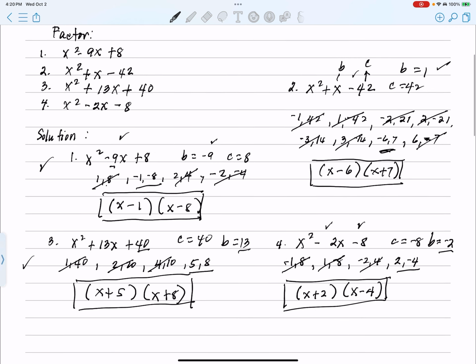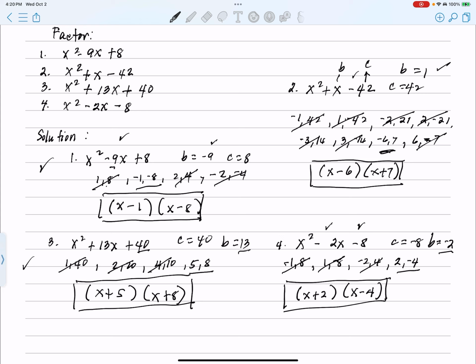So when I was a student before, I liked to do this. I know right away when the middle term is negative, then both of my factors will have a negative value.